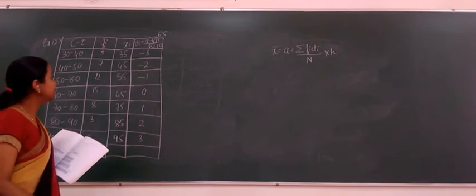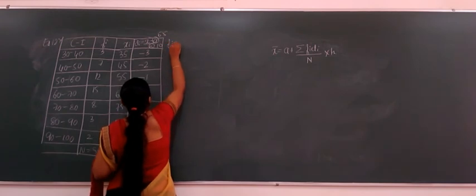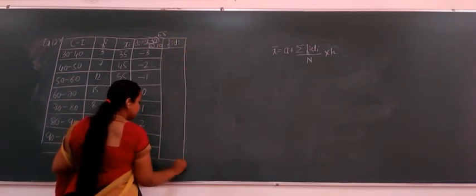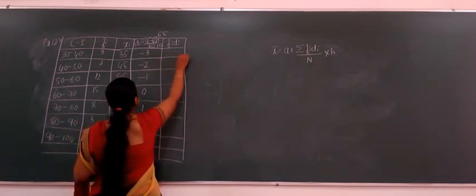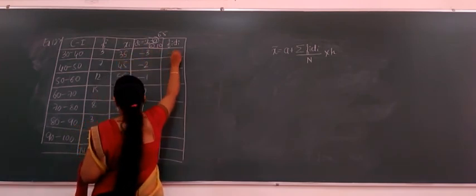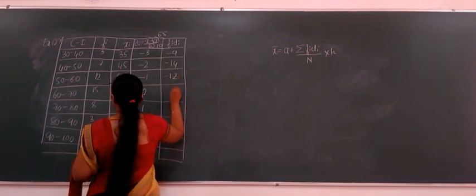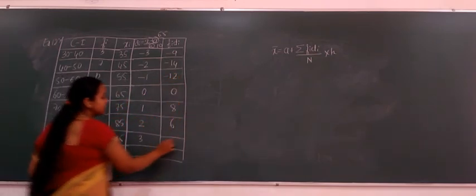No. After this di, our next column is fi into di. Right. So now let us calculate this summation of fi into di. So 3 times minus 3 will be minus 9, then minus 14, minus 12, 0, 8, 6 and 6.